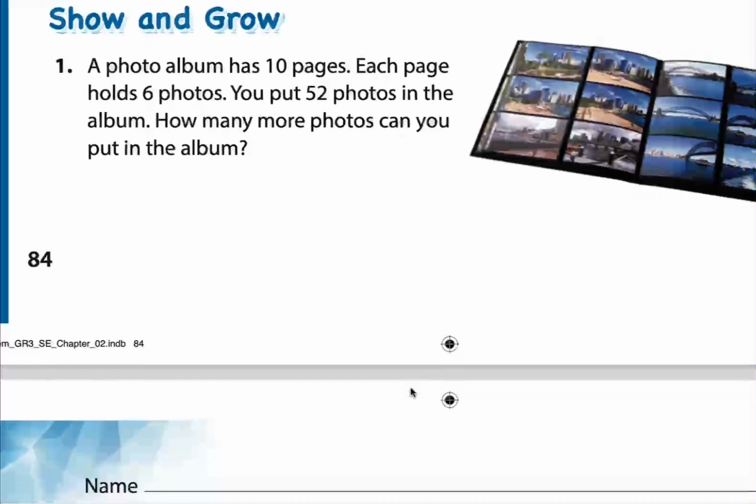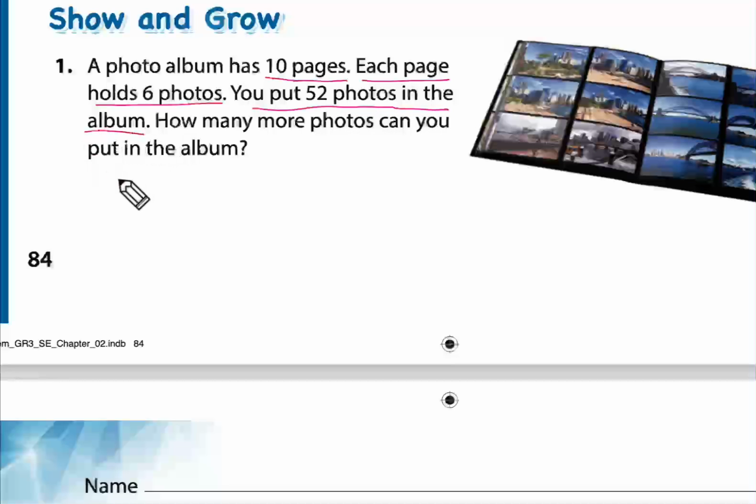Okay, remember with me, the first thing is to understand the question. Understand means you should know what you have. A photo album has 10 pages. Each page holds 6 photos. You put 52 photos in the album.